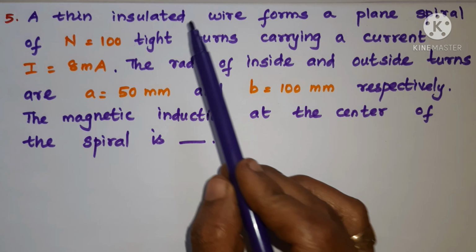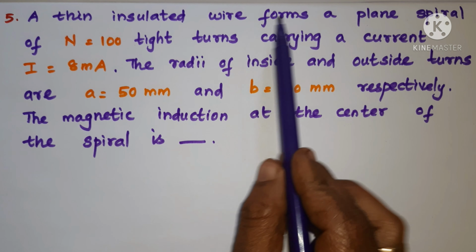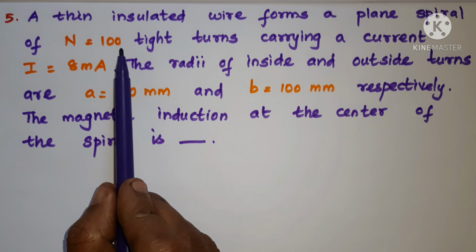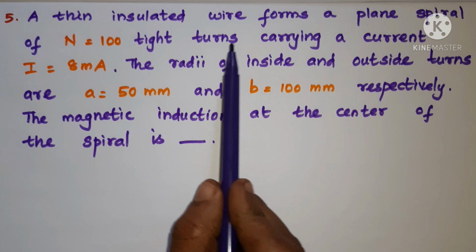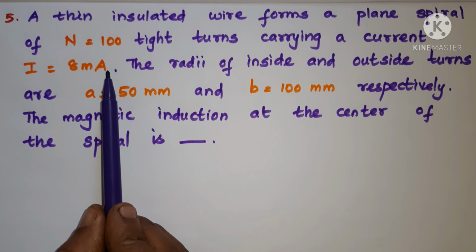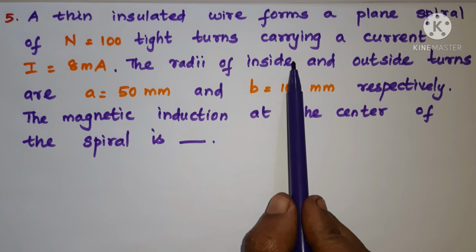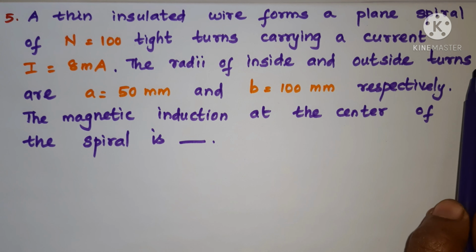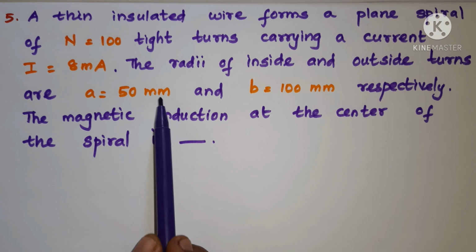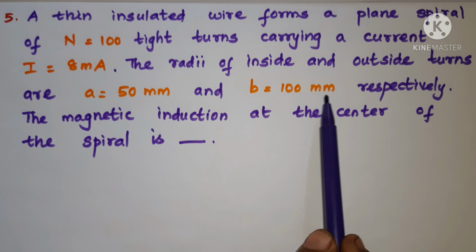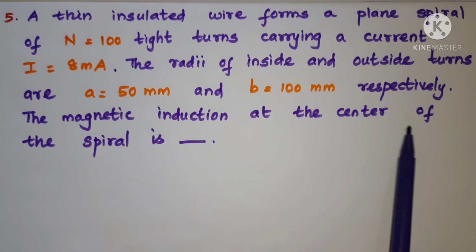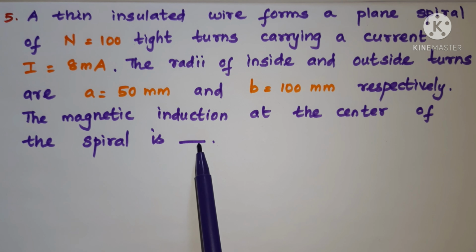Next one, a thin insulated wire forms a plane spiral of N is equal to 100 tight turns, carrying a current I is equal to 8 milliampere. The radii of inside and outside turns are A is equal to 50 millimeter and B is equal to 100 millimeter respectively. The magnetic induction at the center of the spiral is to be found.